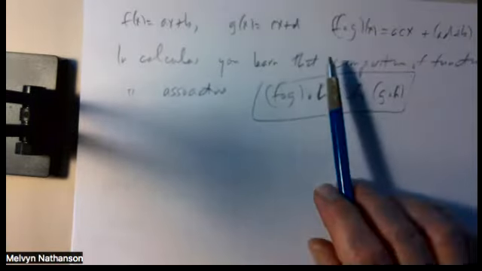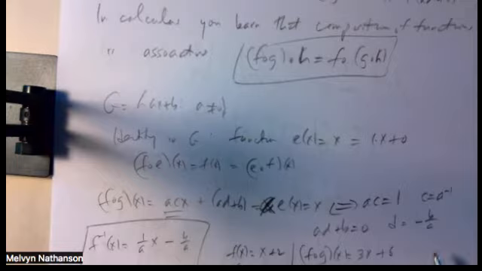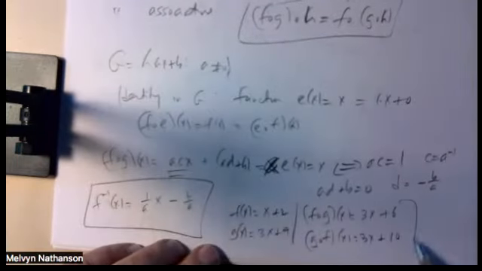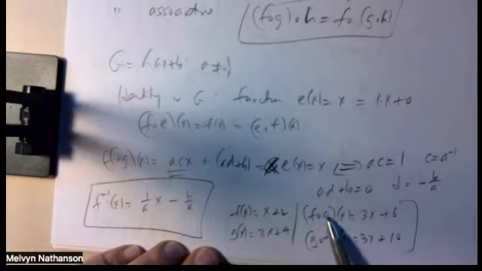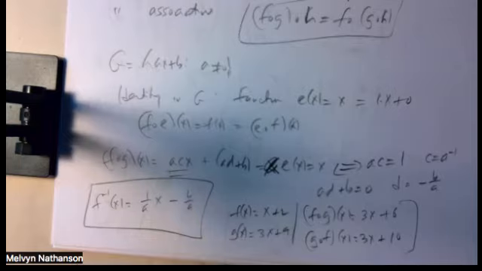G composed with f of x is ac, 3x, plus ad plus b plus 10. And the constant terms are different. These are not equal. So f composed with g is not g composed with f. So this gives another example of a non-abelian group.